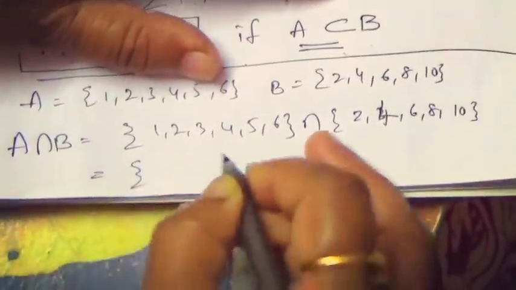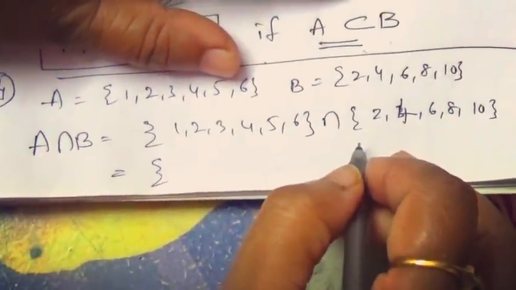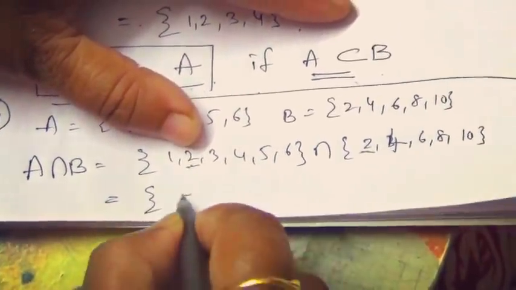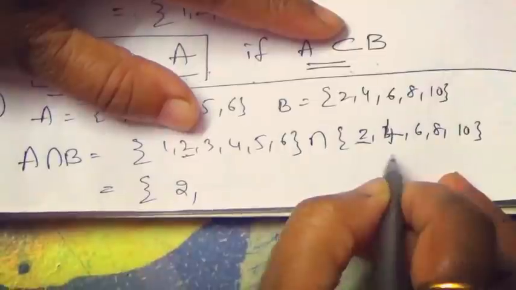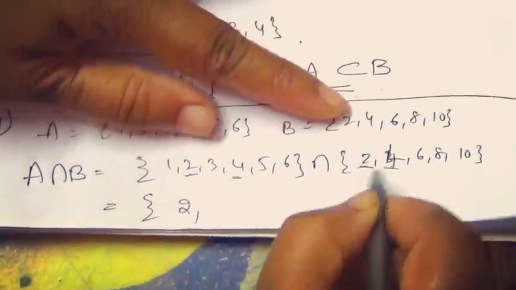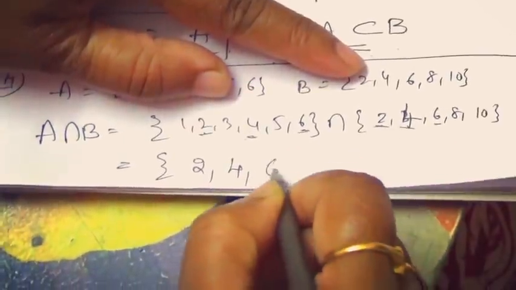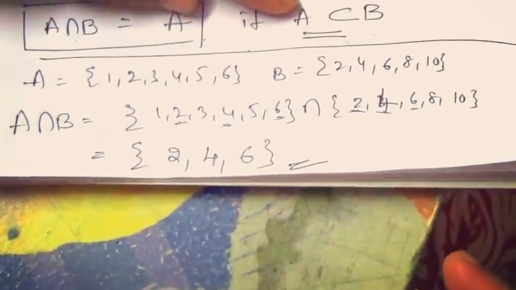Intersection means we choose the common elements. 2 is common. Another common element is 4. Another one, 6. That's it. That is the answer.